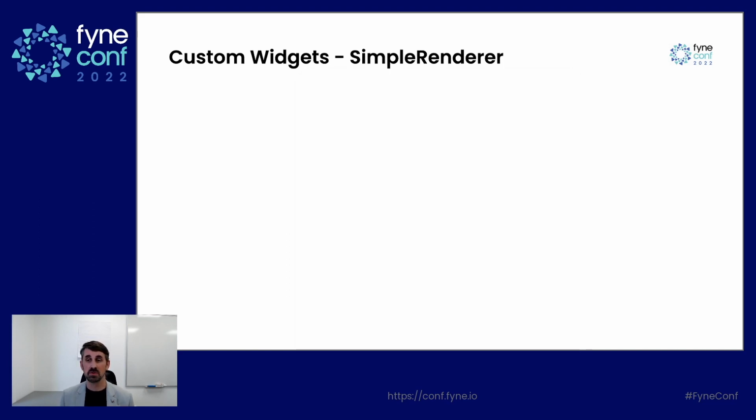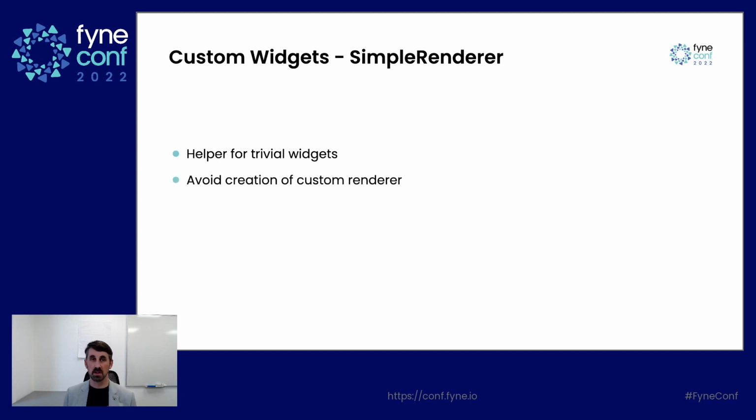And so we have introduced a new type called simple renderer in the widget package, which is really going to boost productivity for building trivial widgets, avoids creating a custom renderer completely, and where we returned a list of objects from our object method on the custom renderer, we just pass these objects into new simple renderer instead.